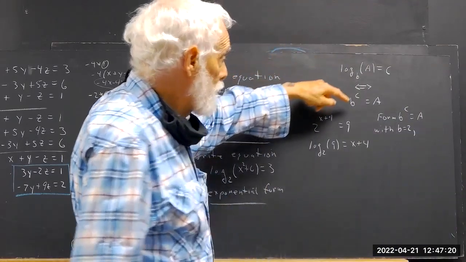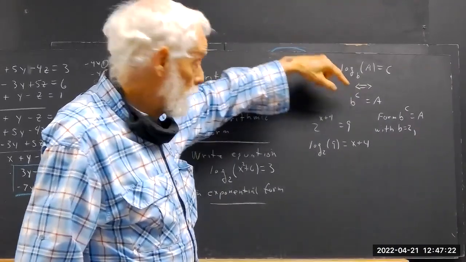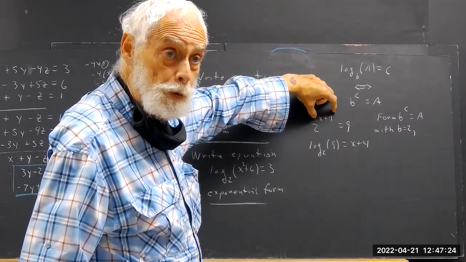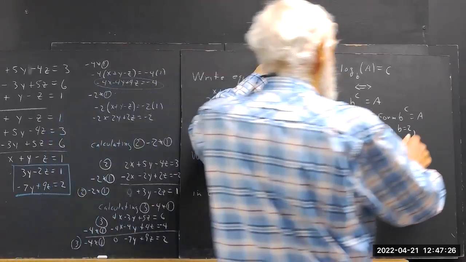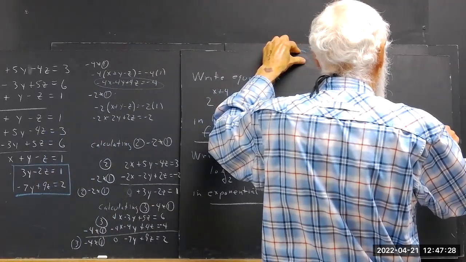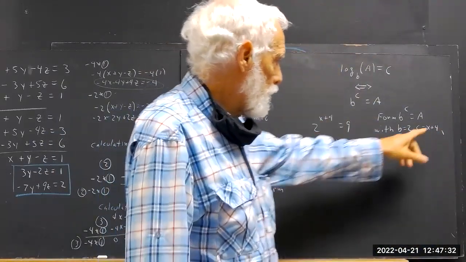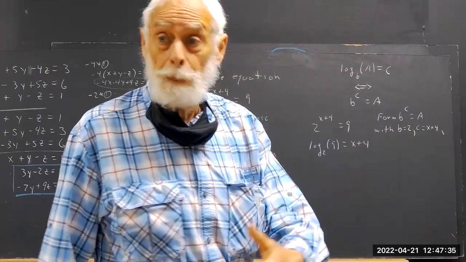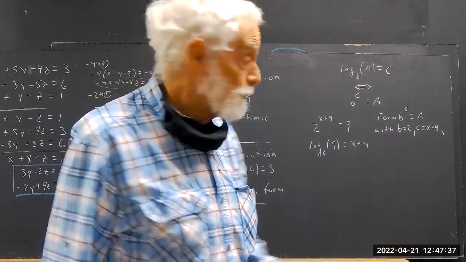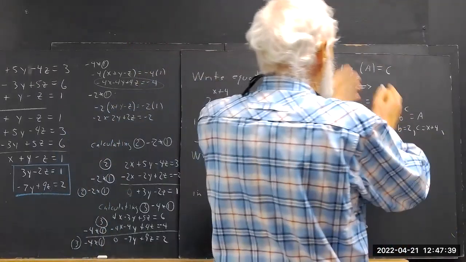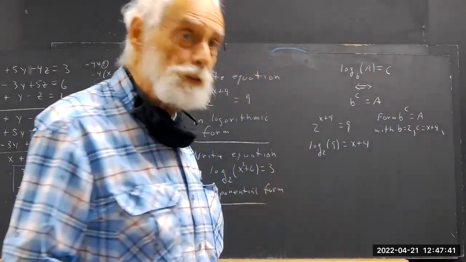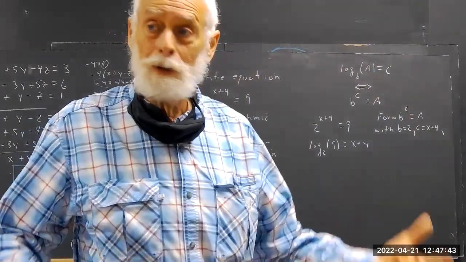And C is the exponent. What's the exponent? The exponent's x plus 4. And that was a little curveball because I don't think you had anything like an x plus 4 for an exponent in most of the problems you saw. But if you follow the procedure and keep your wits about you, it just falls right out.